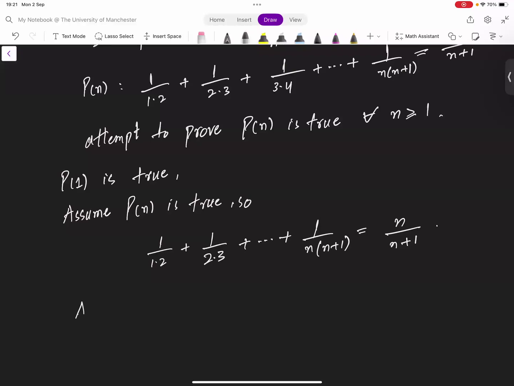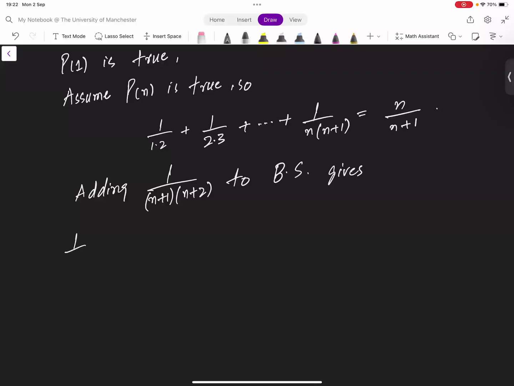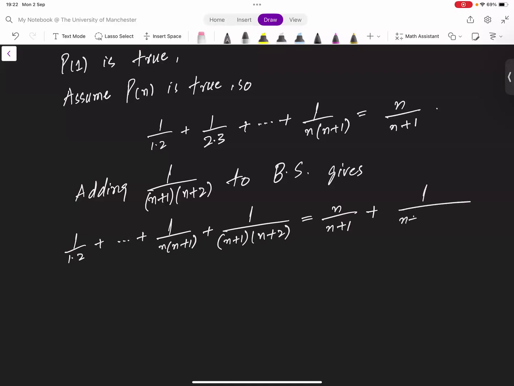So adding 1 over n plus 1 into n plus 2 to both sides gives, if you solve it properly, n plus 1 over n plus 2.